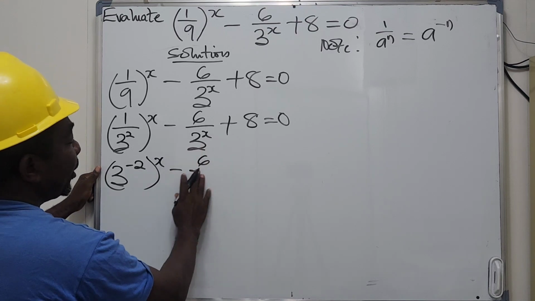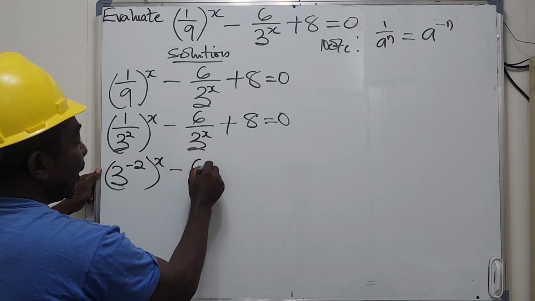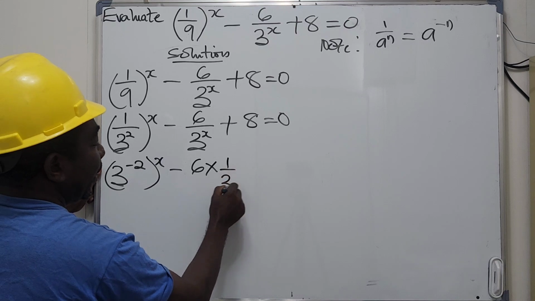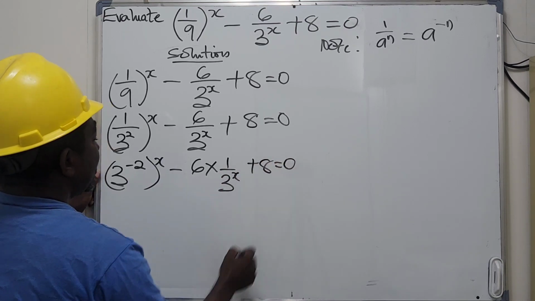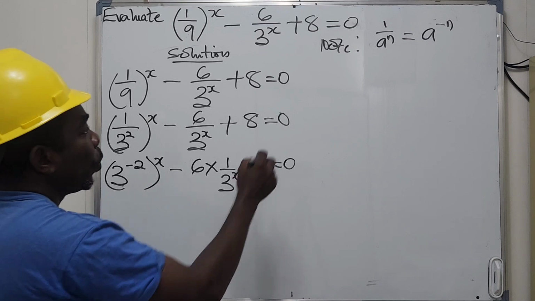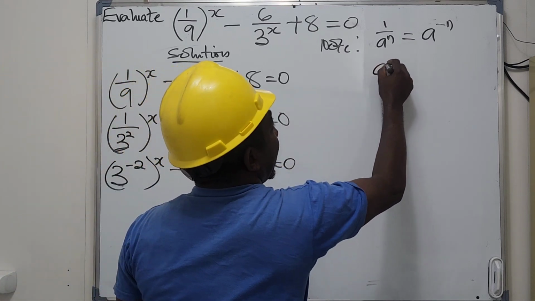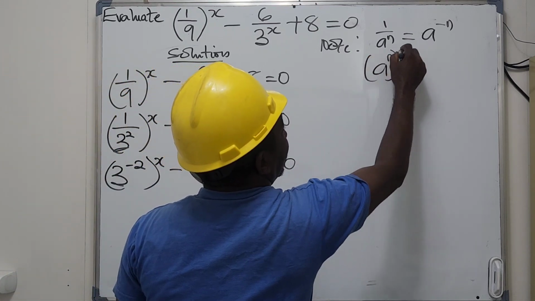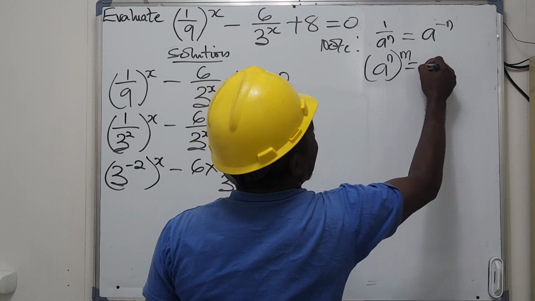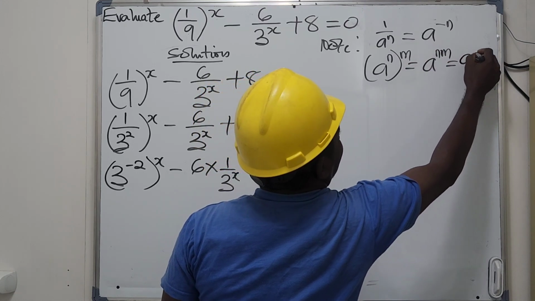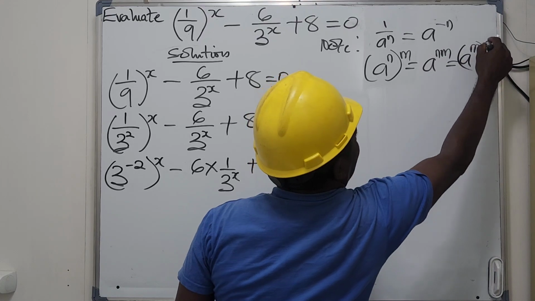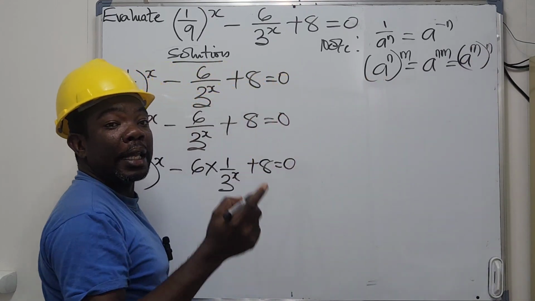This 6 can be written as 6 times 1 over 3 to the power of x, plus 8 equals 0. We also recall that when we have a to the power of n all to the power of m, it is the same thing as a to the power of n times m, or a to the power of m all to the power of n. The powers can interchange.